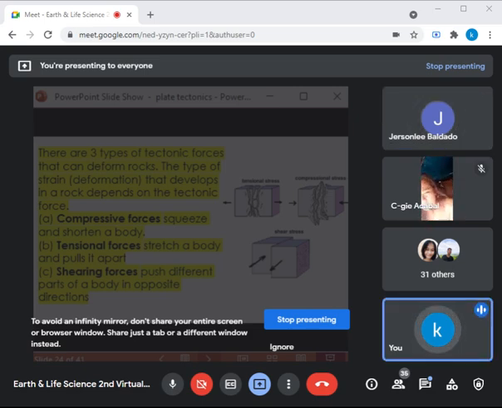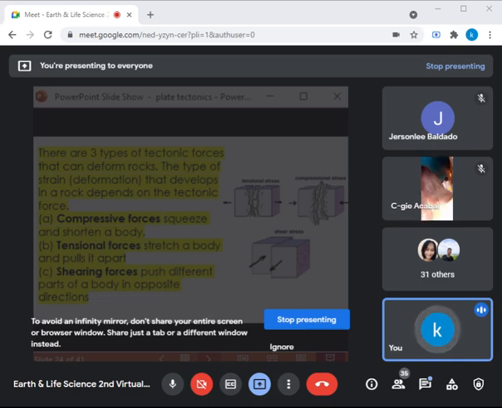We have the compressive forces which squeeze and shorten a body. So for example, kaning ikaduha nga picture on the right side, kaning compressive forces, this type of force occurs on convergent boundary. Kay iyaha mang gi-squeeze or iya mang giduot ang mga plate boundaries.